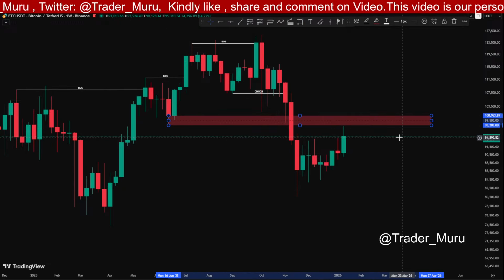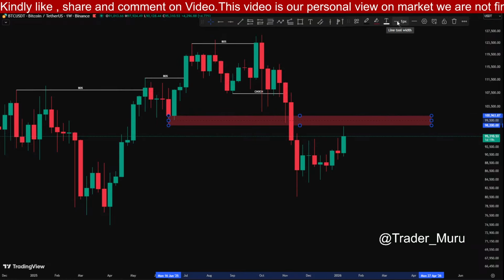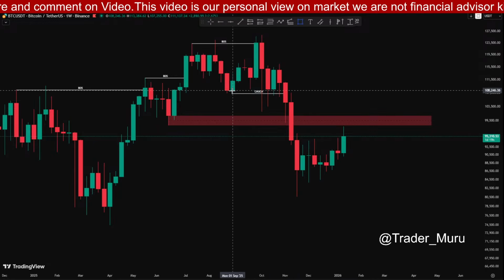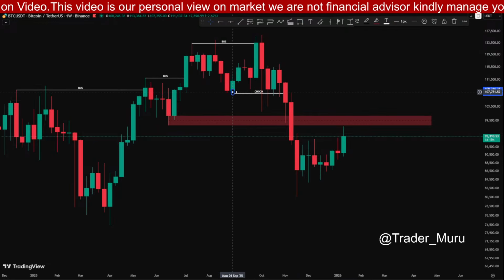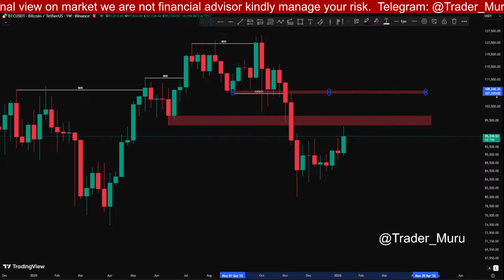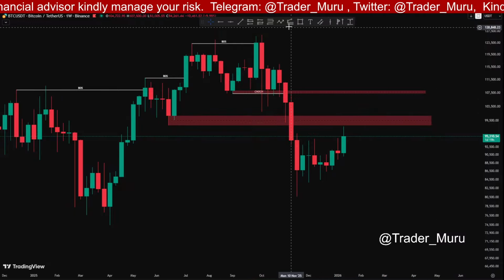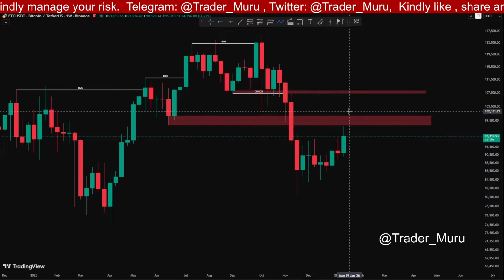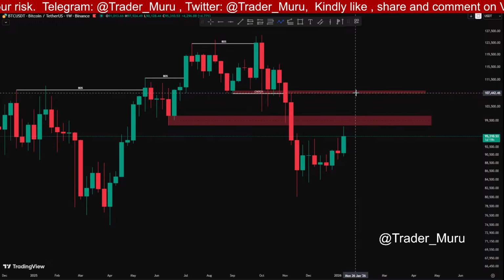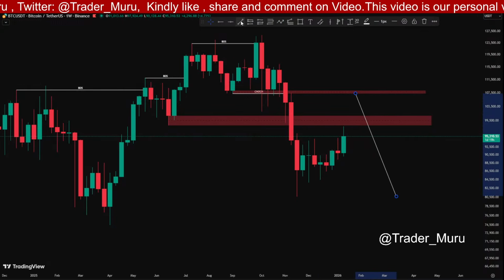First is this one, and second is this area around 107.2k and 108.2k. After these two areas, we will be watching for short in BTC towards this low again.